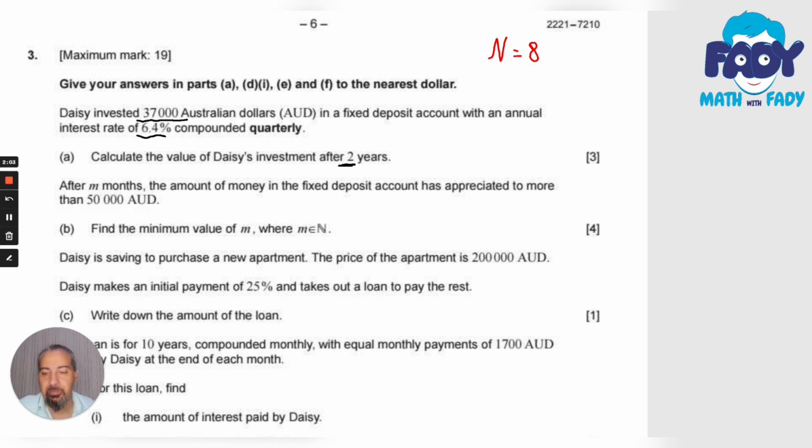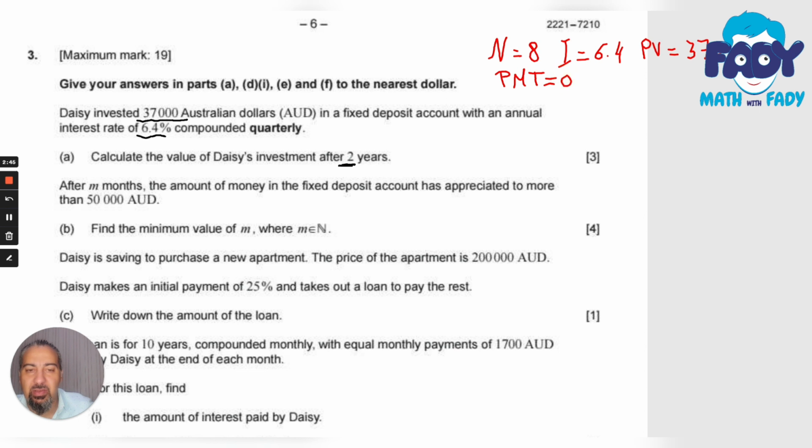So this is our first value. We insert N equals 8. I is the interest, which is 6.4. PV is the present value, her investment, 37,000. Then what we need is the future value. PMT is the payment per month.